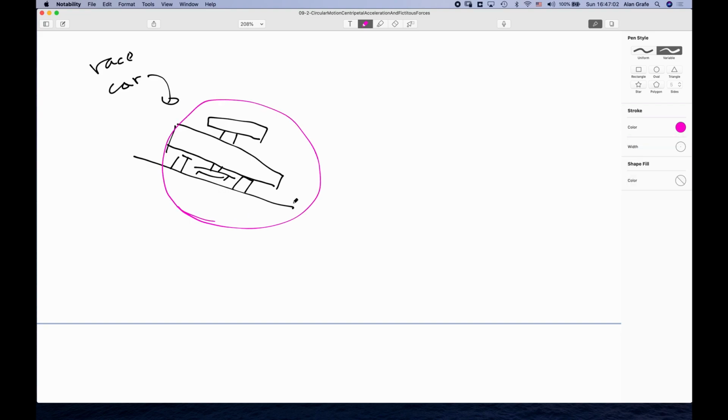What we will have is, let's see, contact forces here: a normal force, possibly a force of static friction. Remember, when tires are operating normally, it's static friction. And there's a force of drag, but I'm more interested in the wings on the race car.